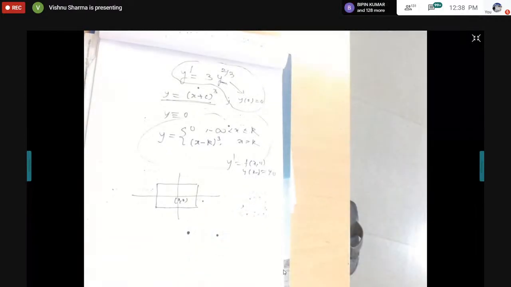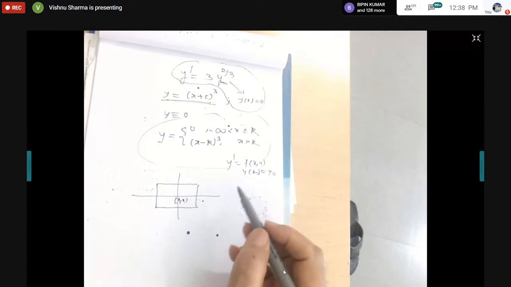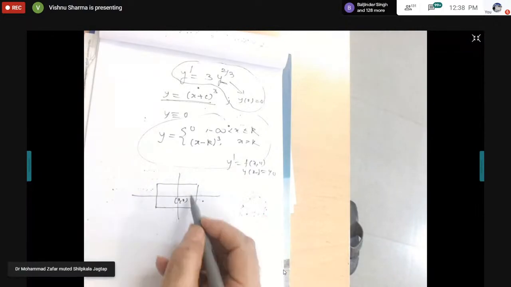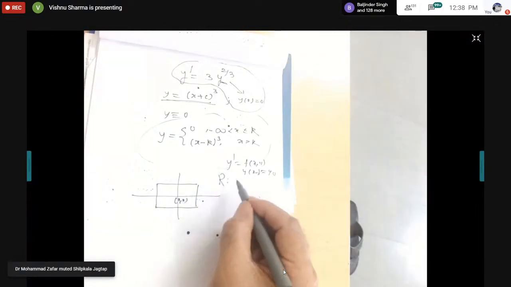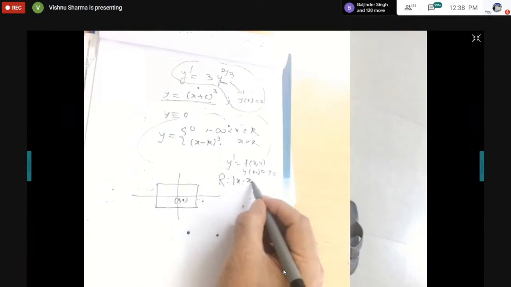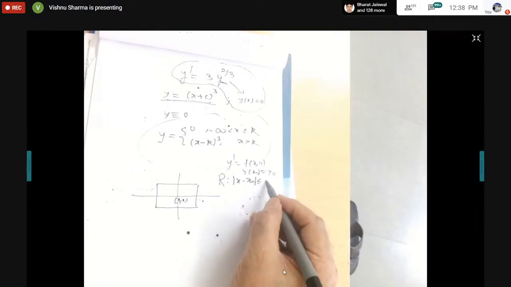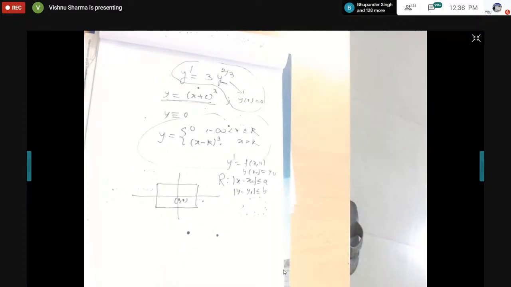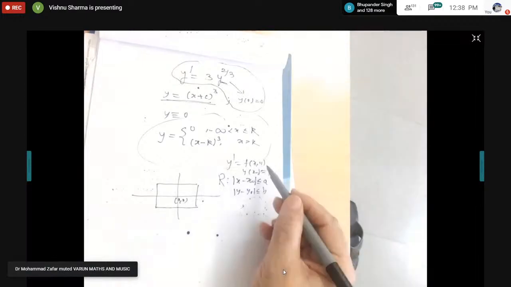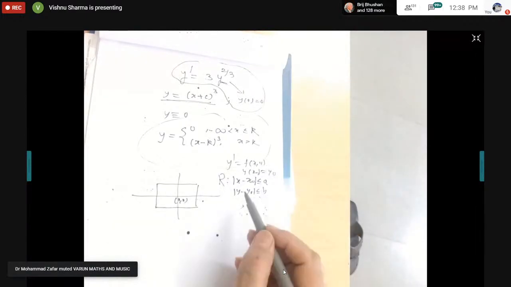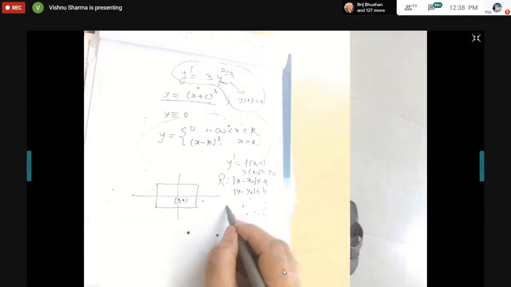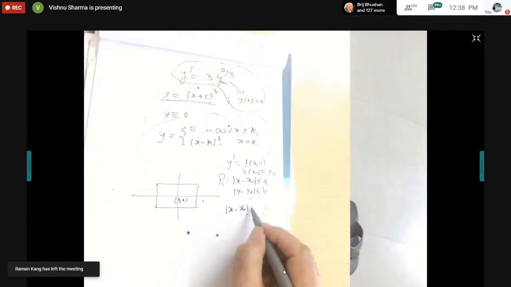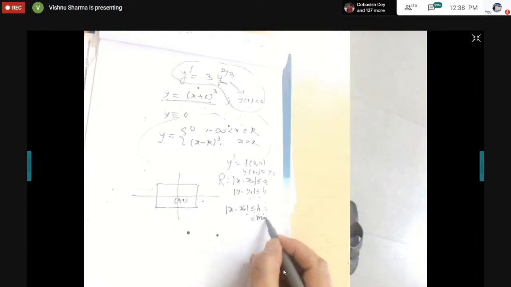This initial value problem has a unique solution in this rectangle R, that is |x minus x naught| less than or equal to a, |y minus y naught| less than or equal to b. The solution exists in this interval, you remember, |x minus x naught| less than or equal to h, and h is the minimum of the two numbers a and b by M.